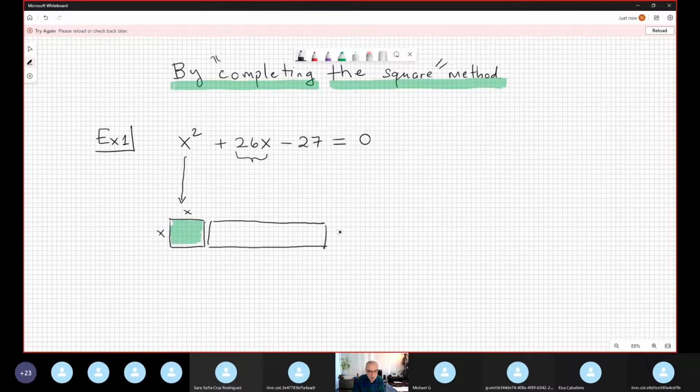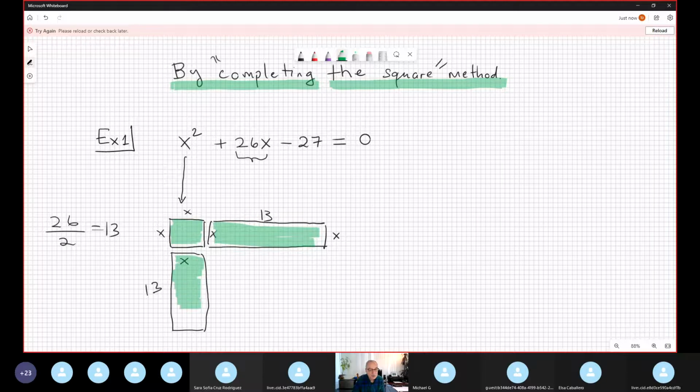One side is x, and the other is 13. But twice, because 26 divided by 2 is 13, and 13x is this and this. This is another similar rectangle, but vertical, with sides x and 13. This area is 13 times x, and this area is 13 times x. Together it is 26x.